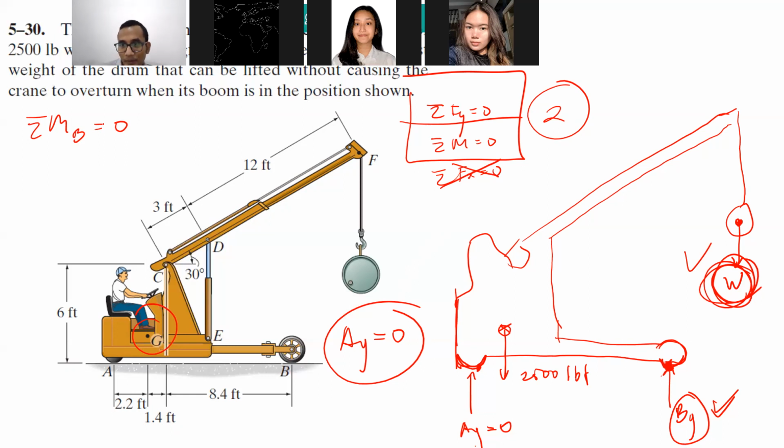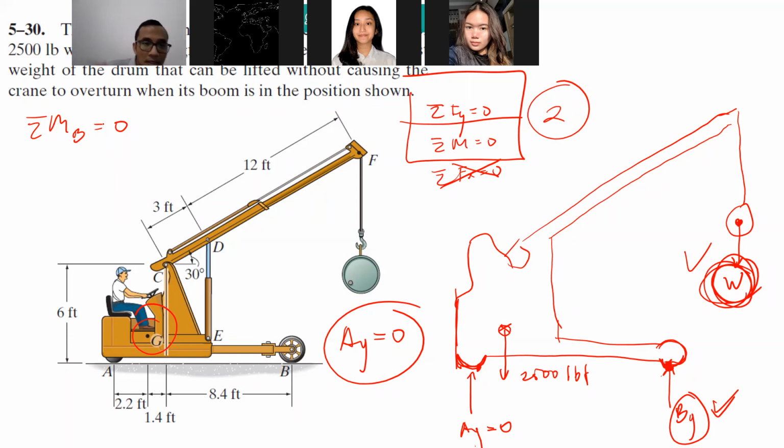Is it 2,500 lb multiplied by 8.4 plus 2.2, sorry, 2,500 multiplied by 8.4 feet plus 2.2, or 1.4? Oh yeah, 1.4.